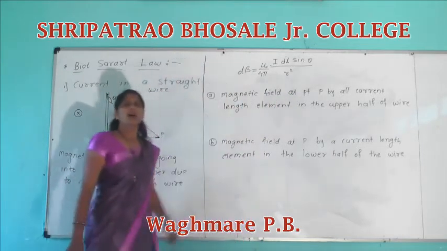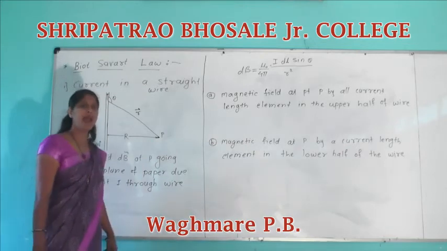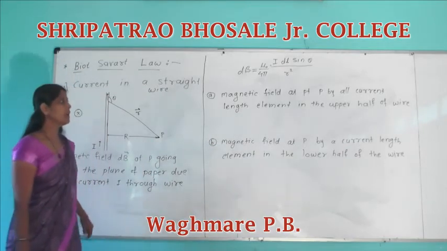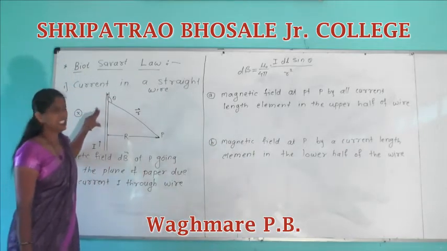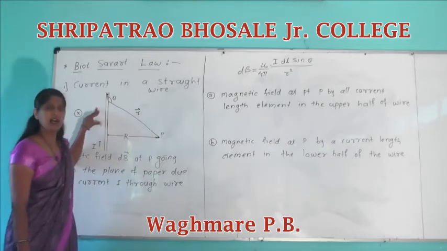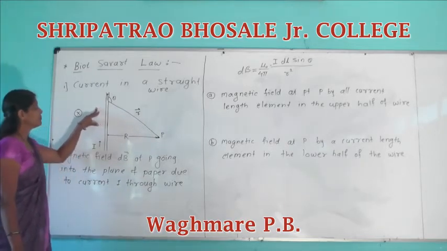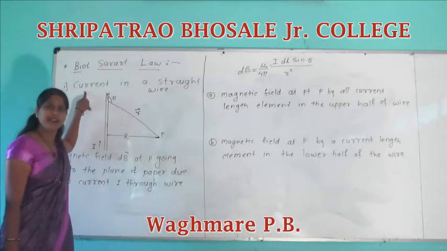This is the magnitude of the magnetic field. By using this equation, we have to find the magnetic field due to the current in a straight wire.